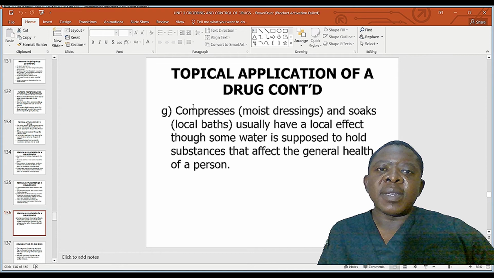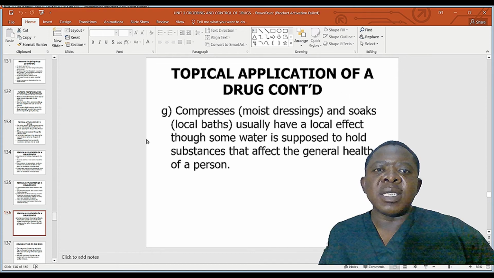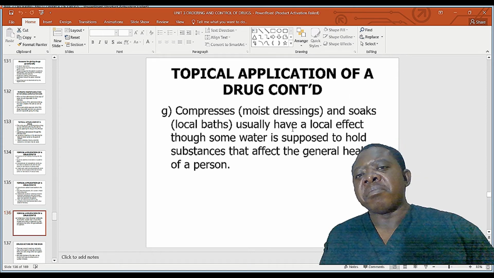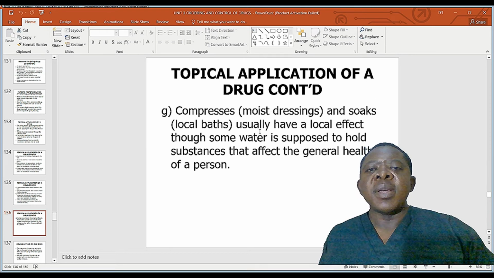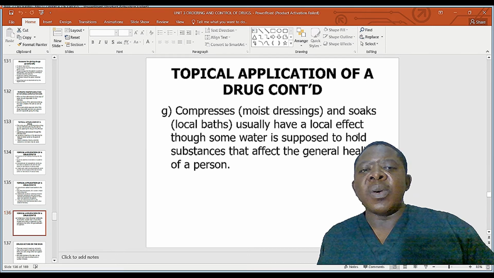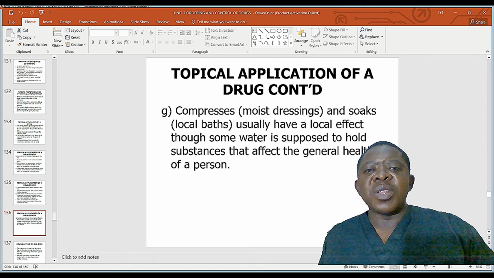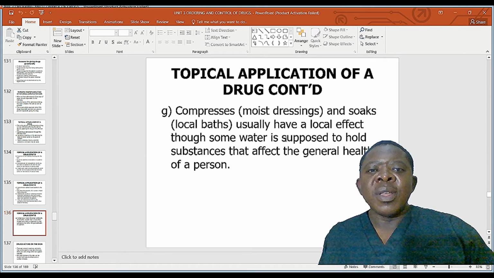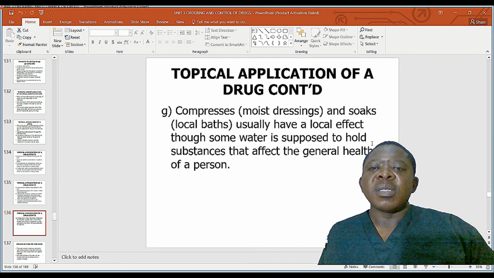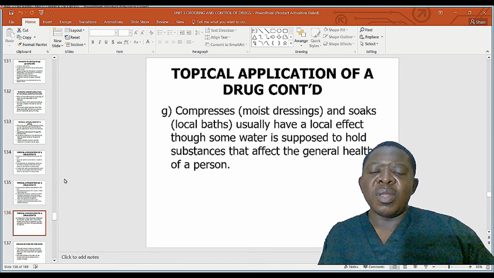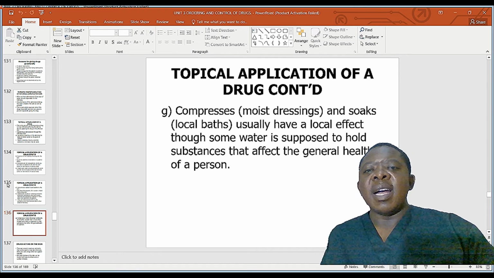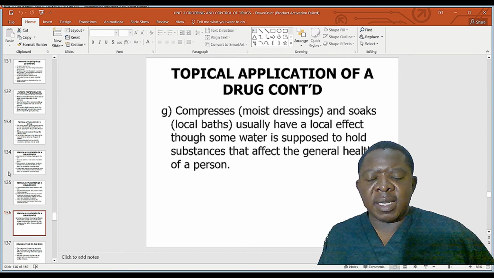For topical application drugs, we can also use compressed moisture dressings and soak them. You can have a local effect when you moisten a dressing with water, to hold that substance that affects the general health of the patient. So you apply it there, and you apply a compress directly on that.